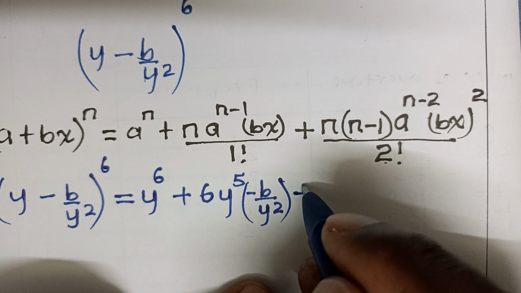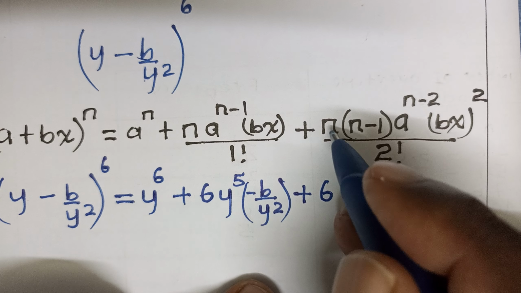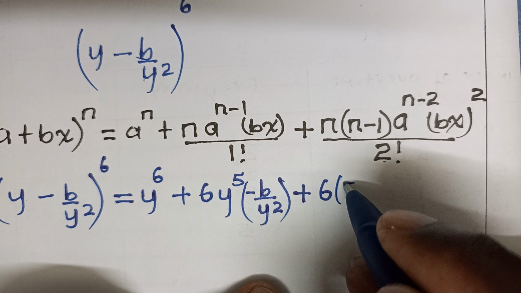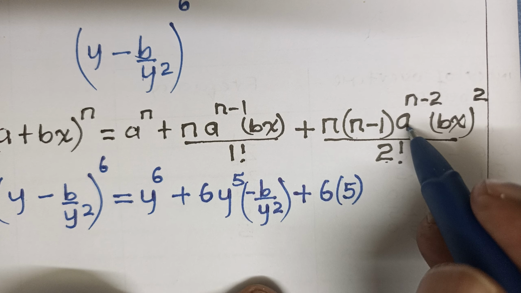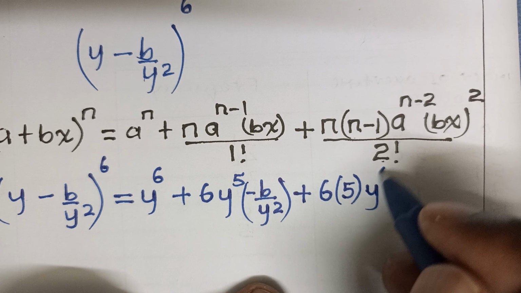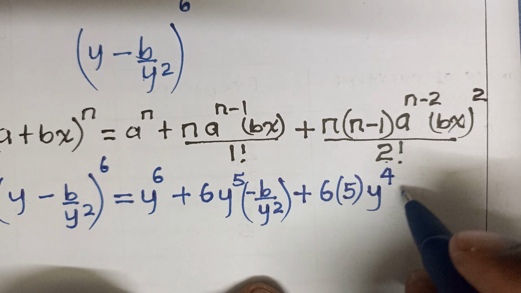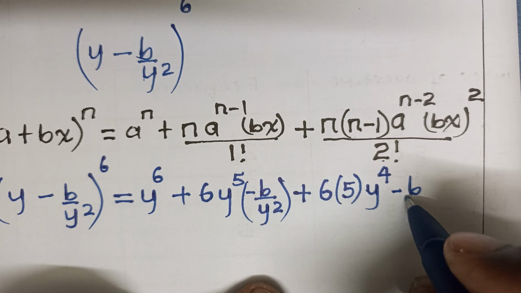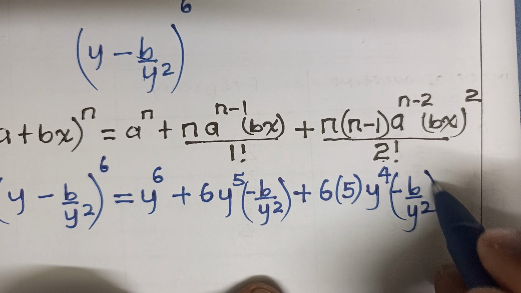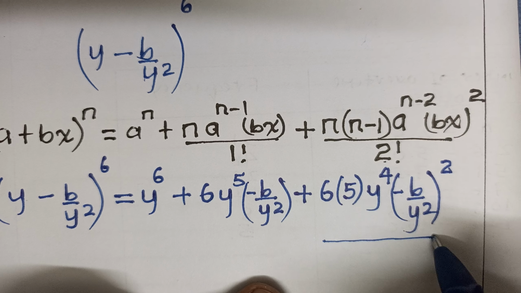Now plus, we come to this term, this is going to be 6, which is represented by n. Then n minus 1, this is now 5. Then we have a, which is now y, raised to 4. And then from there, we have minus b over y squared, now raised to 2, over 2 factorial.